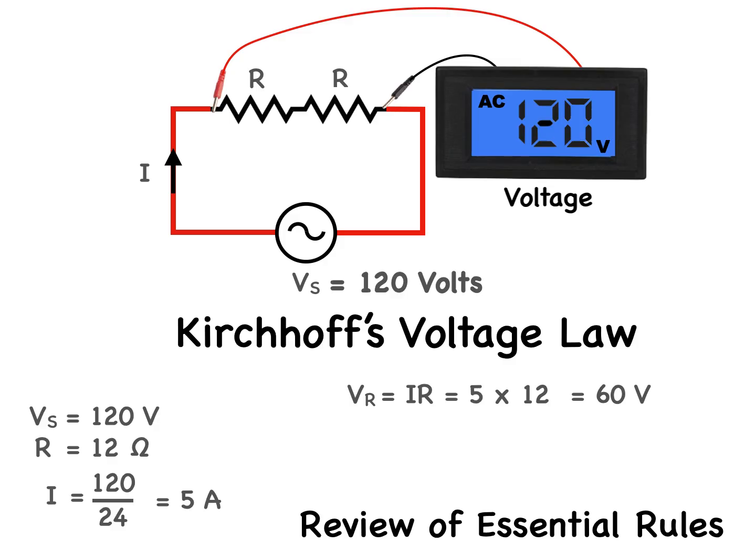If the voltage drops are considered positive and the voltage rises from a supply voltage are considered negative, then the supply voltage, being negative 120 volts in this case, will be equal to the sum of the voltage drops across each resistor, 60 plus 60, or 120 volts.